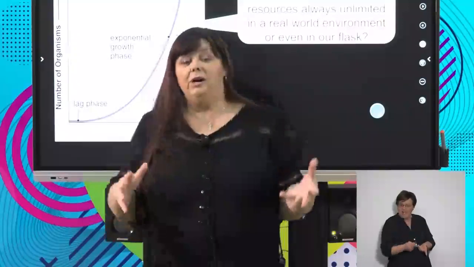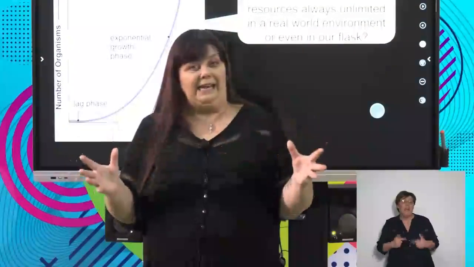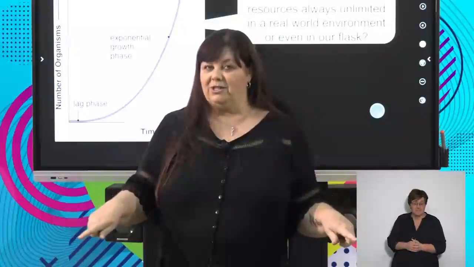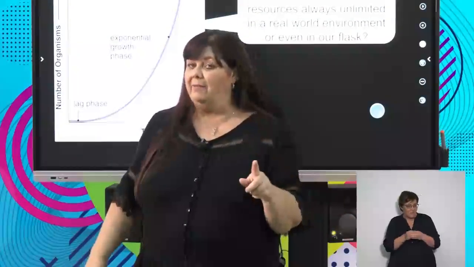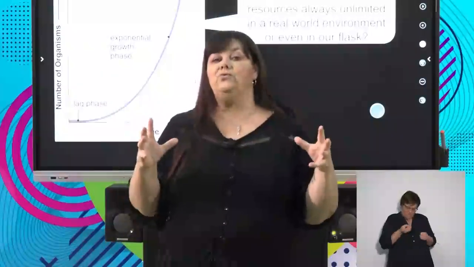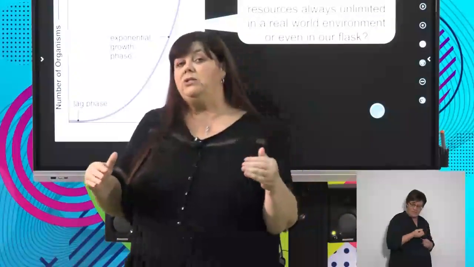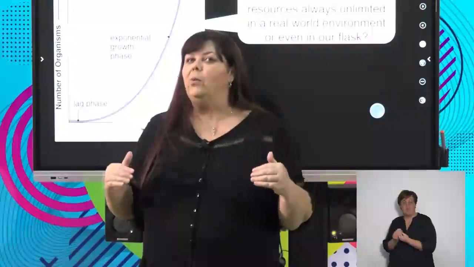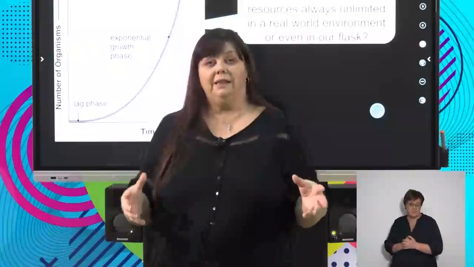But as you know, anything in life, nutrients in, waste products out. So at the same time that we are providing all the resources, we need to understand that as this population is growing, so are the waste products in the flask.